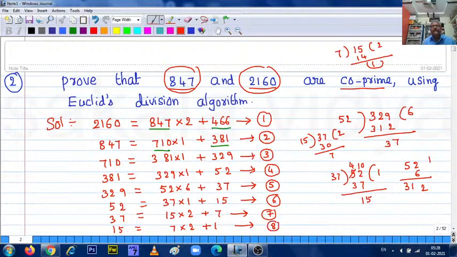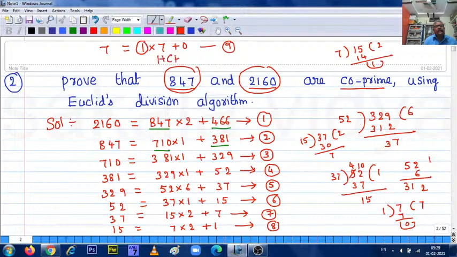Now the last step is, you can write 7 divided by 1. 1 sevens are 7. 0 remainder. So that means the last step I will write here: 7 equals 1 times 7 plus 0. This is the ninth step. Say, this 1 is the HCF. HCF of 847 and 2160 is 1.